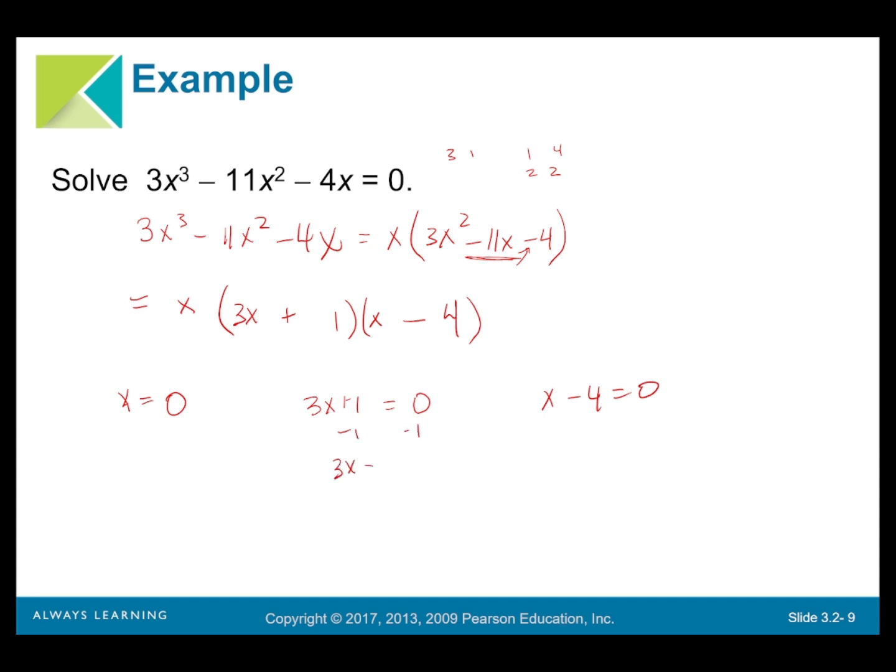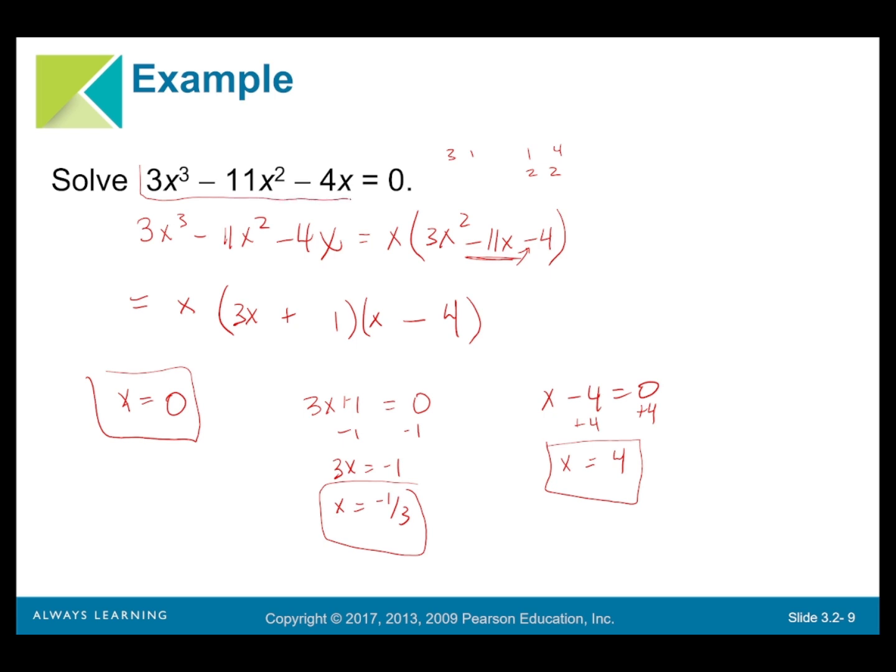I get 3x equals negative 1. So I get x equals negative 1/3. If I add 4 to both sides on the next one, I get x equals 4. And so these are my three solutions to this problem. I could plug all three of them back into this original function, and I know I would get 0. It's a great way to check your work.